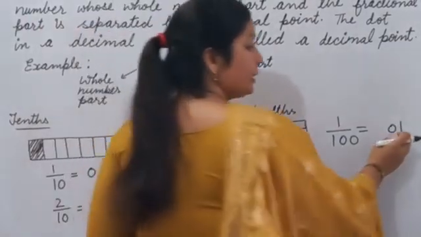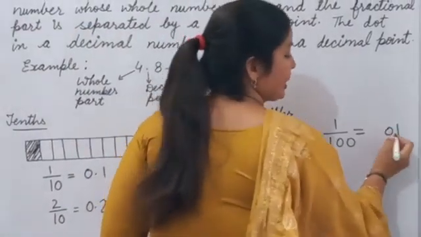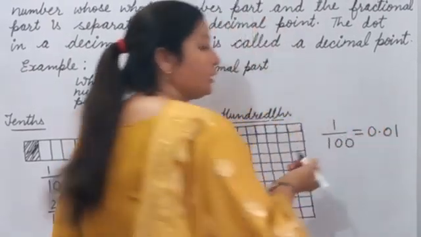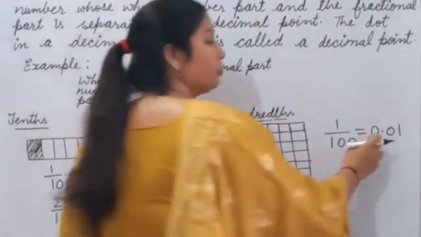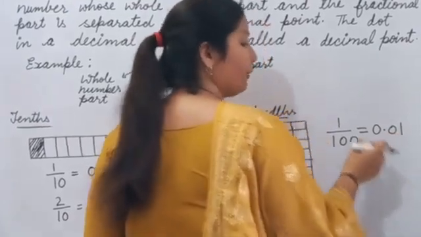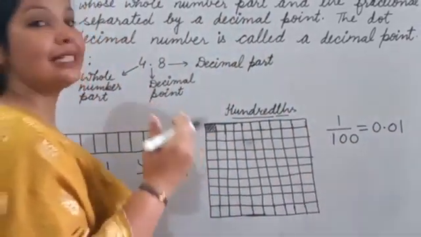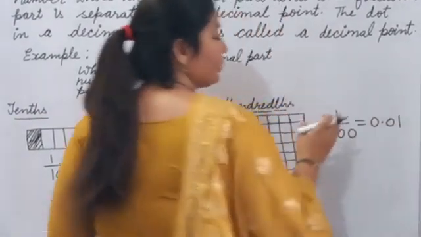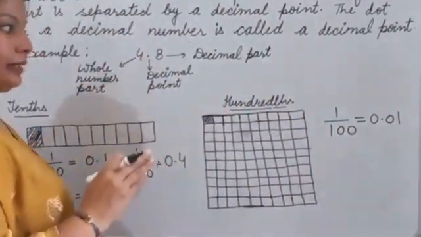Now there are 2 digits, so we can take the decimal here, and before the decimal we can also use 0. So it becomes 0.01. After the decimal we always speak single digits. So it becomes 0.01, or we can say 1/100th.